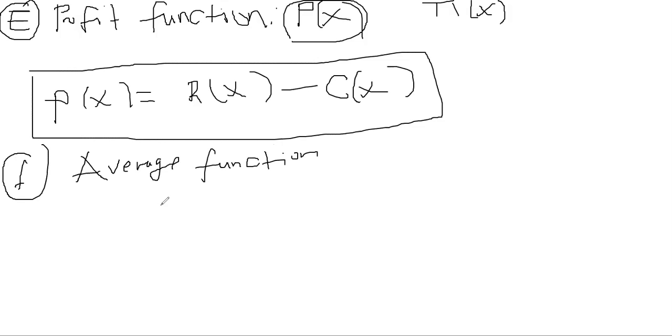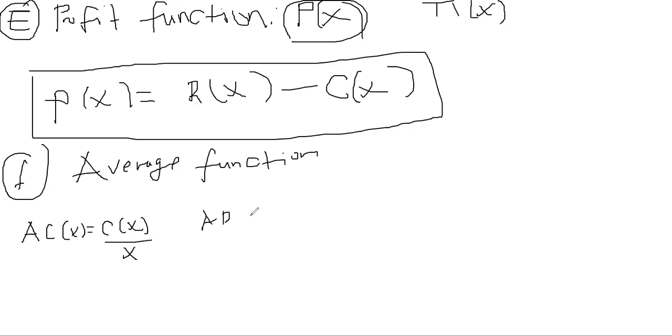When we talk about average function, we can have average cost function. So how do we calculate that? Average means division. So we have to divide total cost by quantity produced.